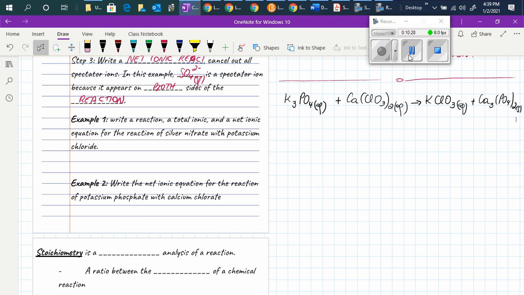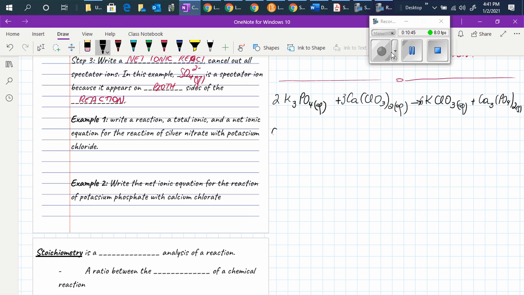I will show you the balance right away so that you don't have to, but you can go through the process and balance. So this is the balanced chemical reaction. Now let's write a total ionic reaction.